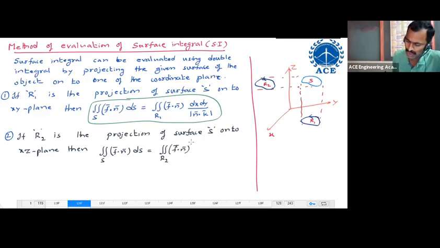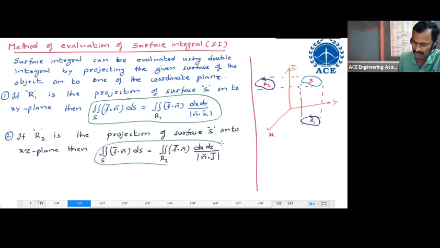Our projection is onto the xz plane. In place of ds, we write dx dz divided by modulus of n bar dot j bar, since on the xz plane there is no y, so in place of y we remember j bar. Next, third point.